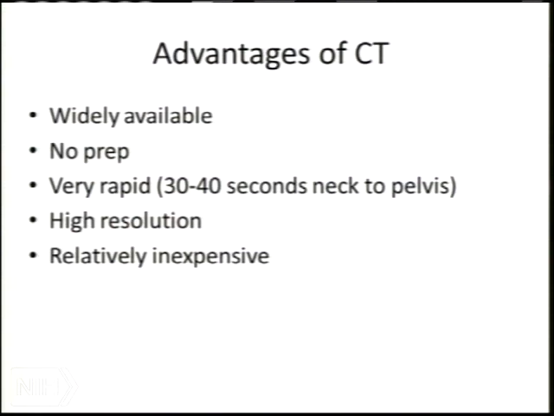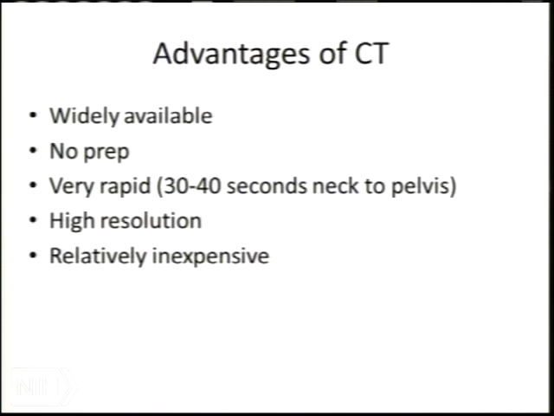It's very rapid. Conventionally, a scan takes from the neck to the pelvis 30 seconds, but our new machines in the Department of Radiology do that in less than 5 seconds.